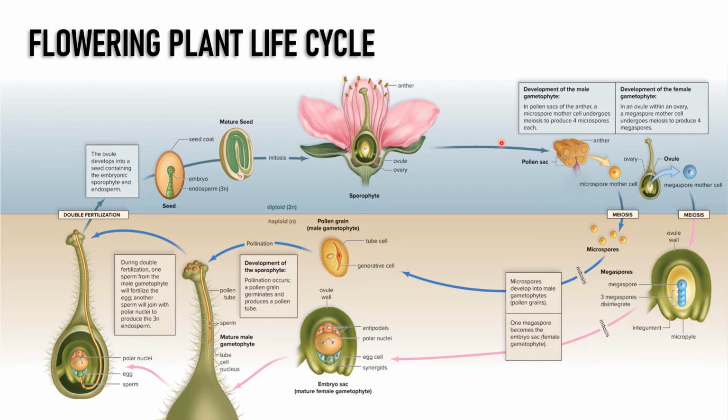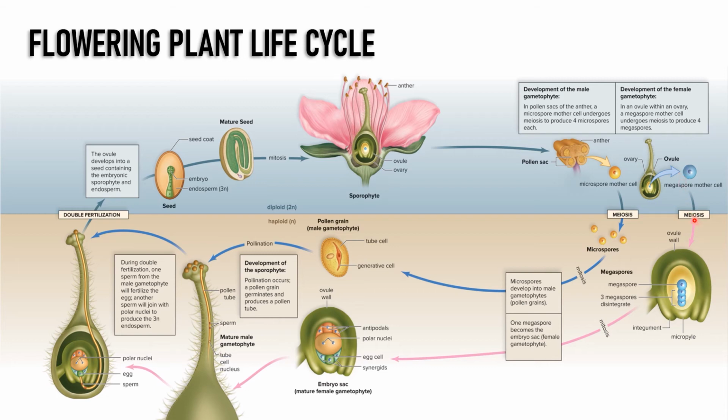Okay, so this is the pollen sac inside the anther. There are 4 pollen sacs in the anther, and in each pollen sac there is a microspore mother cell, which will undergo meiosis and produce 4 microspores. If you look into this part, it has a megaspore mother cell which undergoes meiosis.